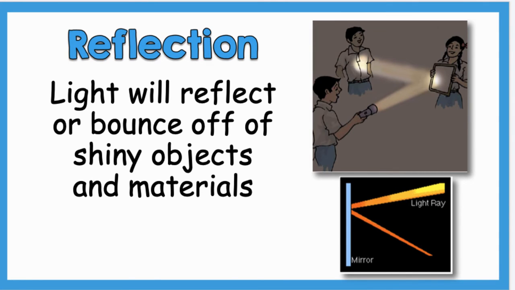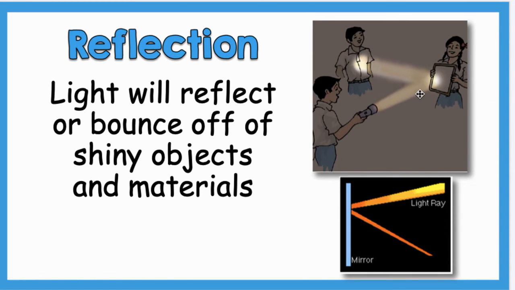All right. So we're going to talk about how light travels in a straight line, okay? But light will reflect or bounce off of shiny objects and materials like a mirror, okay? So when the light hits a shiny mirror, the light reflects back. So that's how you're able to see yourself, okay? When light hits an object and it reflects back, you can see yourself.